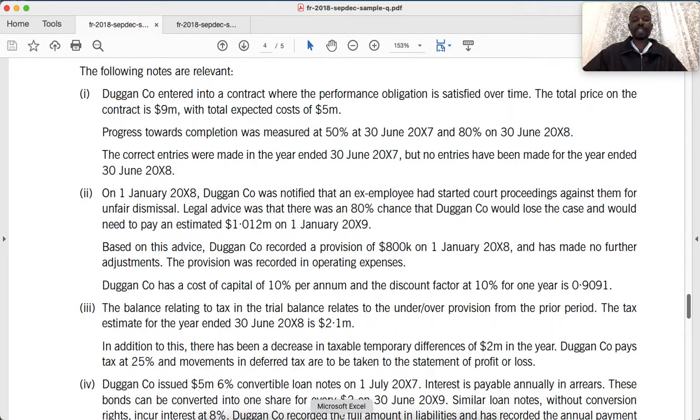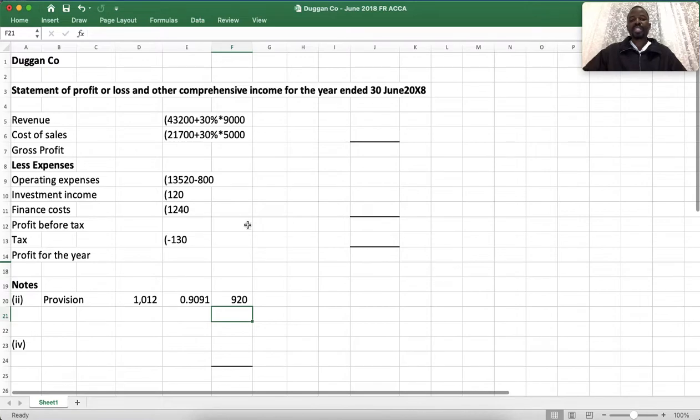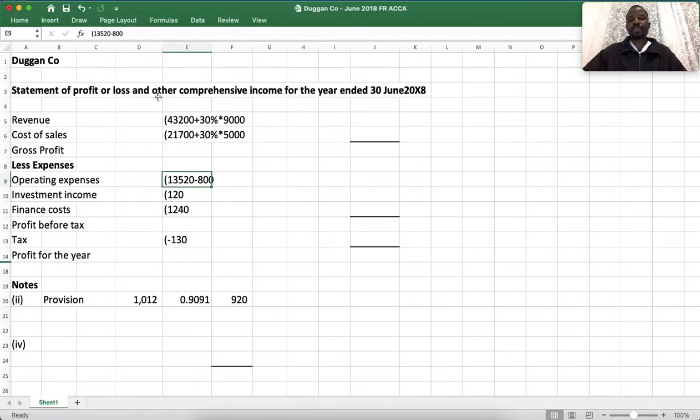So simply multiplied by the discount factor for 1 year, we get 920. So the company should therefore charge the statement of profit or loss by 920, not the 800.